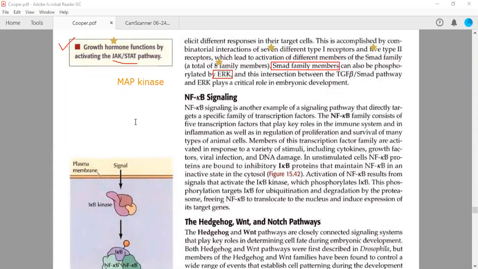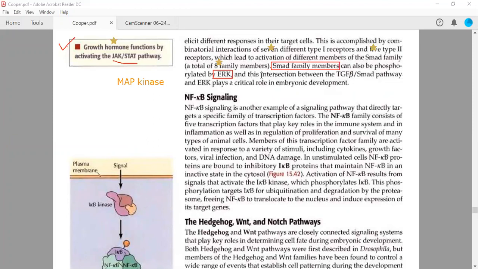Now you need to note here that this SMAD family, which is doing signaling in response to transforming growth factor beta, and the receptor tyrosine kinase can also do signaling via the MAP kinase pathway, in which the RAS, RAF, MEK, and ERK proteins are being activated.